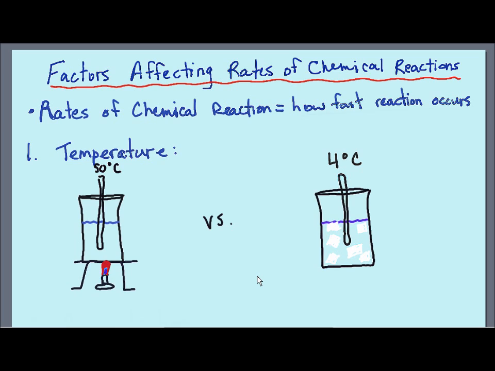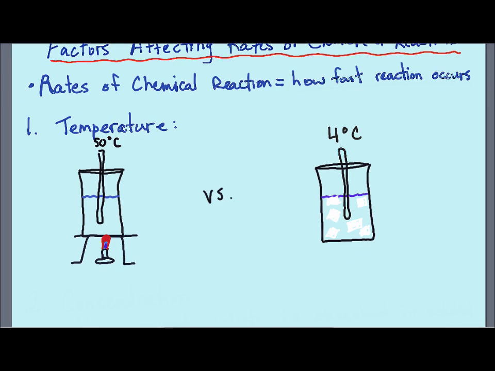So you could probably predict right off the bat which one's going to happen faster, and if you guessed this one, you are correct. So the warmer, or the higher the temperature, the faster the chemical reaction is going to be. So higher temps equal increased reaction rates.